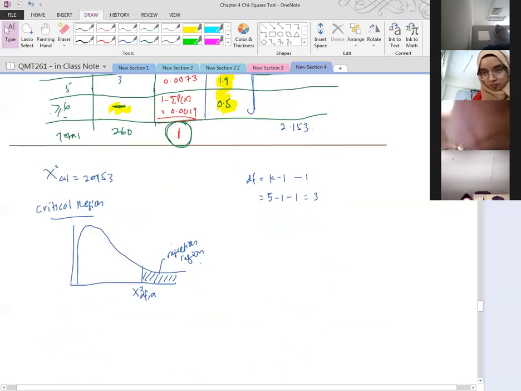And when degree of freedom is equal to 3, chi-squared with 3 degrees of freedom at alpha 0.05 should be equal to 7.815, right?